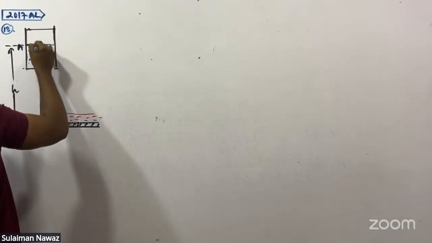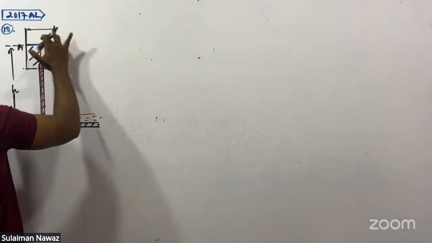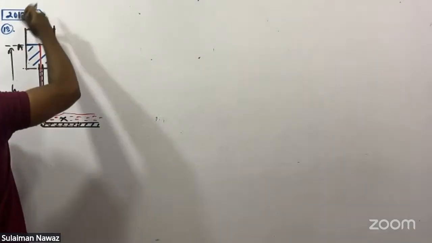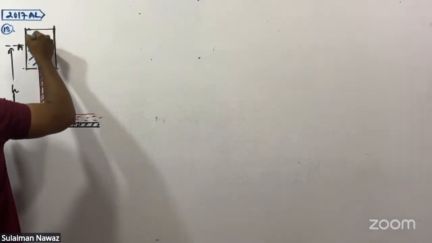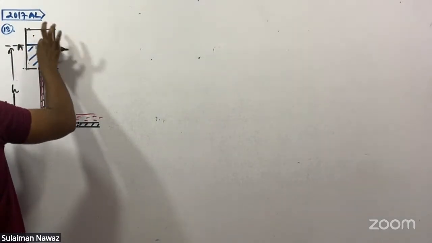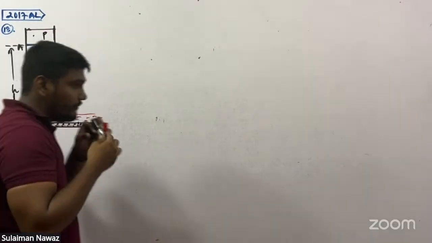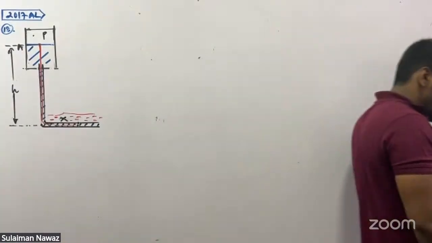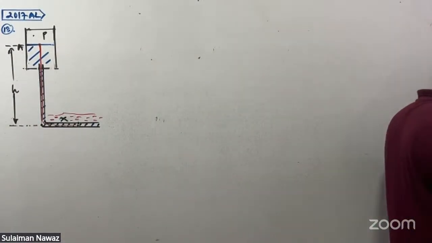Therefore, we can't say the pressure at point capital A is equal to atmospheric pressure. The pressure produced by the air at point capital A is going to be P. That we know.